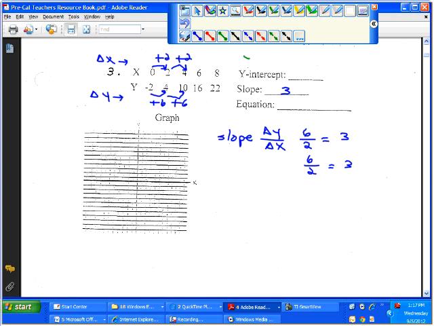The y-intercept by definition is the value of y when x equals 0. And in this particular table, the value of y when x is 0 is -2. So my y-intercept is -2, the value of y when x is 0.